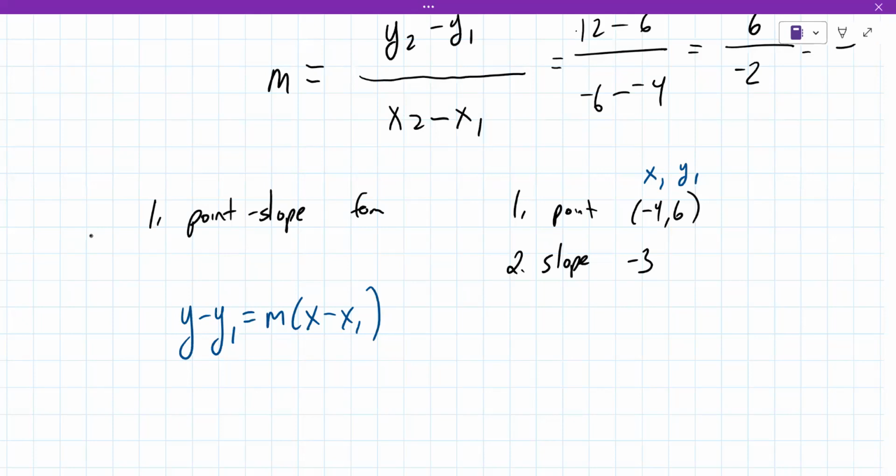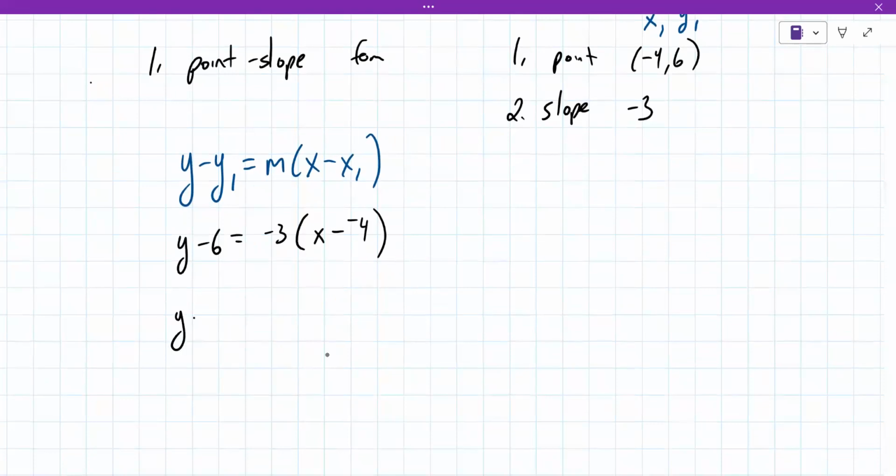Y minus 6 equals -3 times x minus -4. Okay, really good. Pretty close to being fully correct. If you see two negatives together, they make a positive. You're right. Y minus 6 equals -3x plus 4. Okay, so let's do a couple more of these.